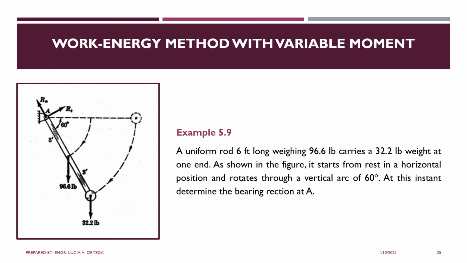As shown in the figure, it starts from rest in a horizontal position and rotates through a vertical arc of 60 degrees. At this instant, determine the bearing reaction at A. There will be two, the normal and the tangential reaction at A.